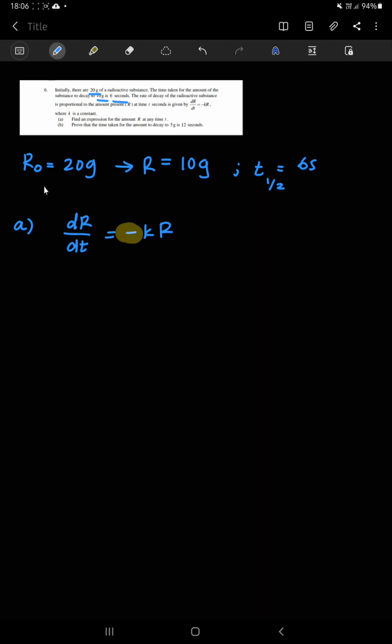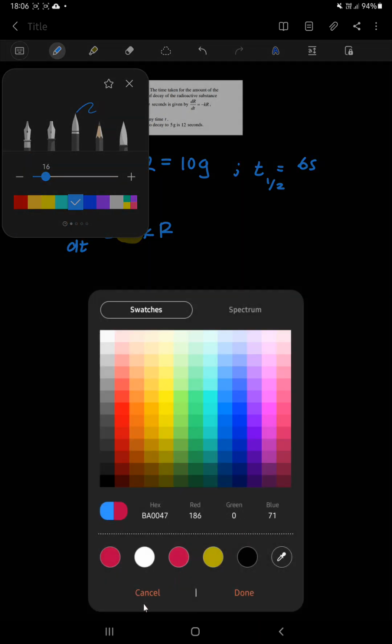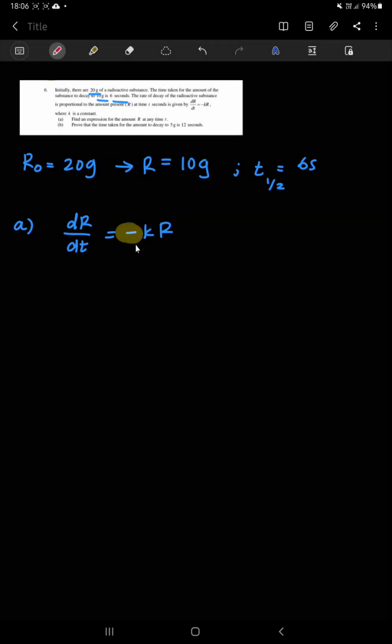All right, so first we need to do the separation of variables. We separate the R to the dR side, and the t to the right hand side. So we divide by R, moving it to the left side, and negative k times dt on the right hand side.